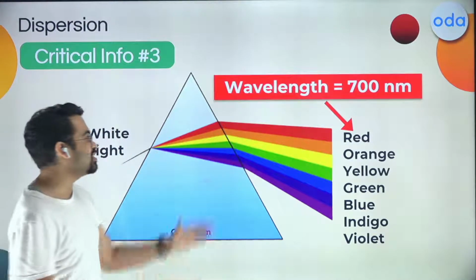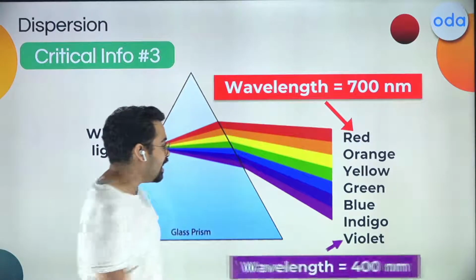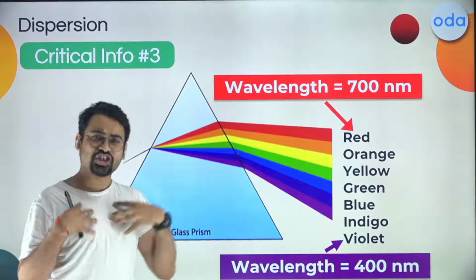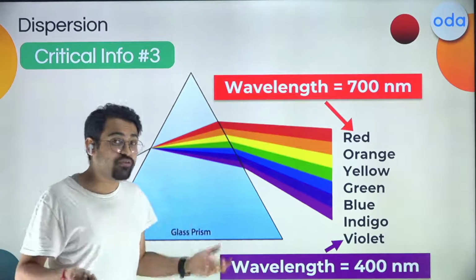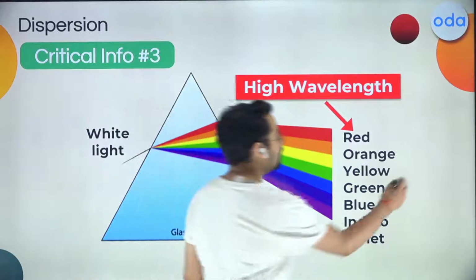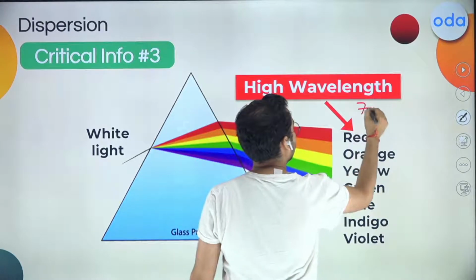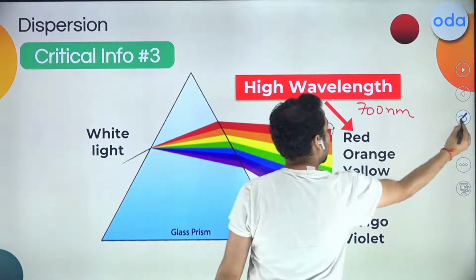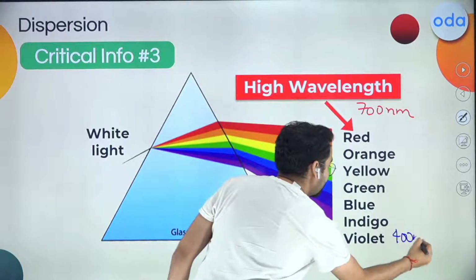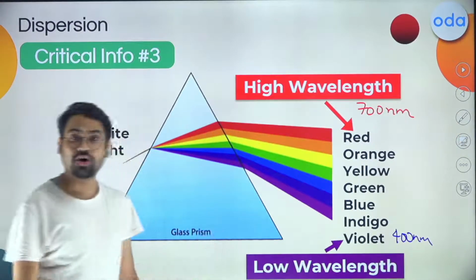Either you can remember these exact terms, that wavelength of red is 700 nanometers and wavelength of violet is 400 nanometers, or what I generally prefer to learn is that this 700 nanometers is the higher wavelength, and similarly this 400 nanometers happens to be the lower wavelength.